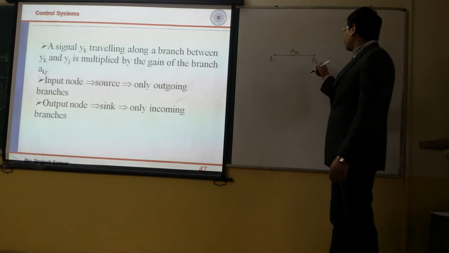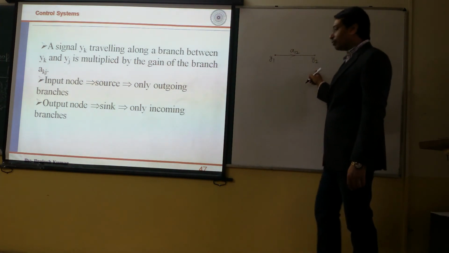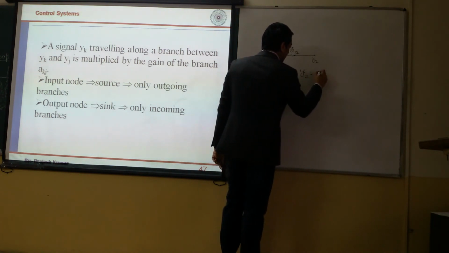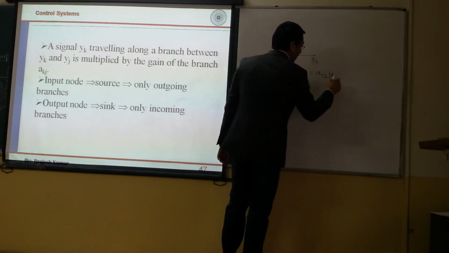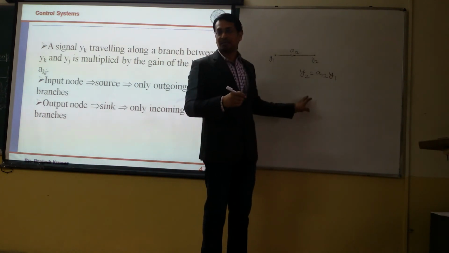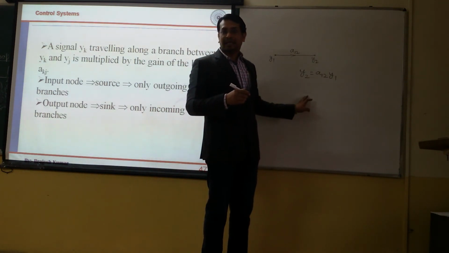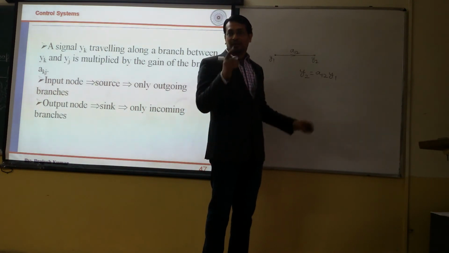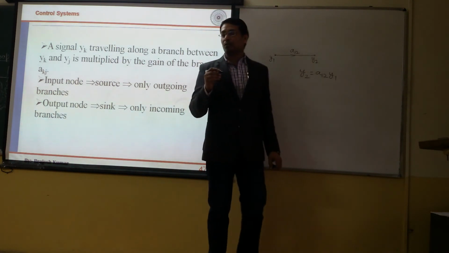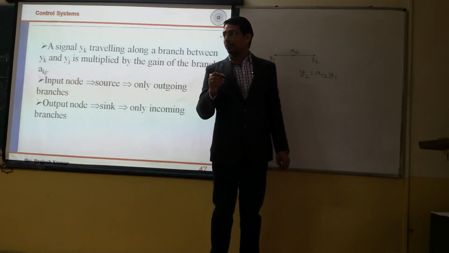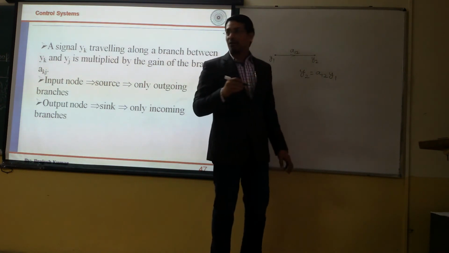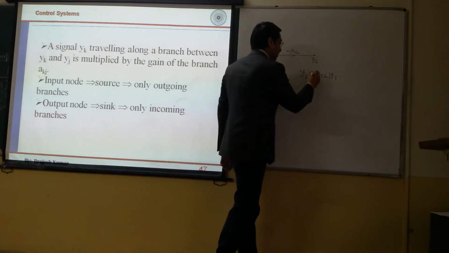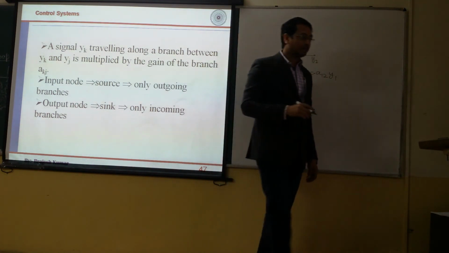So what will be the value of Y2? Y2 will be equal to A12 multiplied by Y1. As simple as this. In block diagram formulation, you had the summing point, and at the summing point you could also take a negative value. But here, if the value of gain is negative, you have to represent it with a negative sign. Then correct.